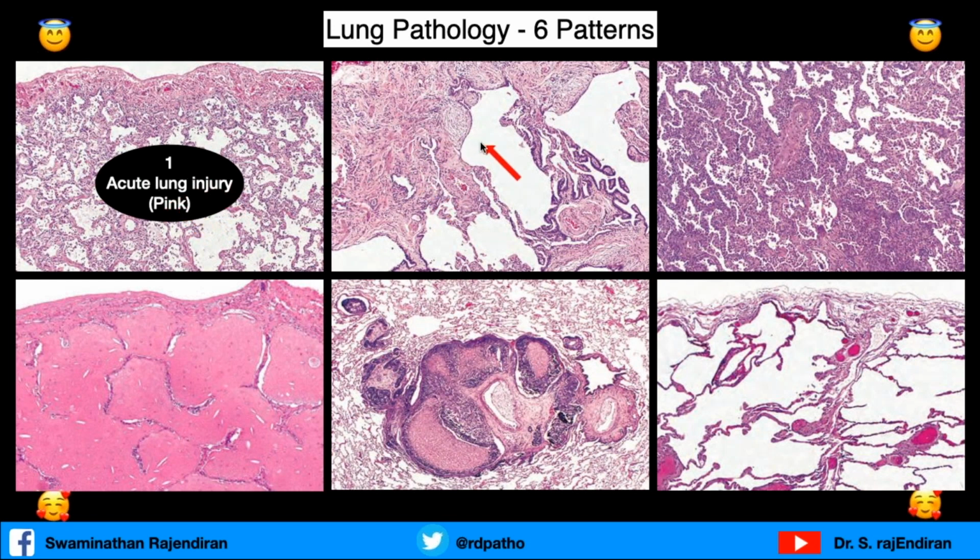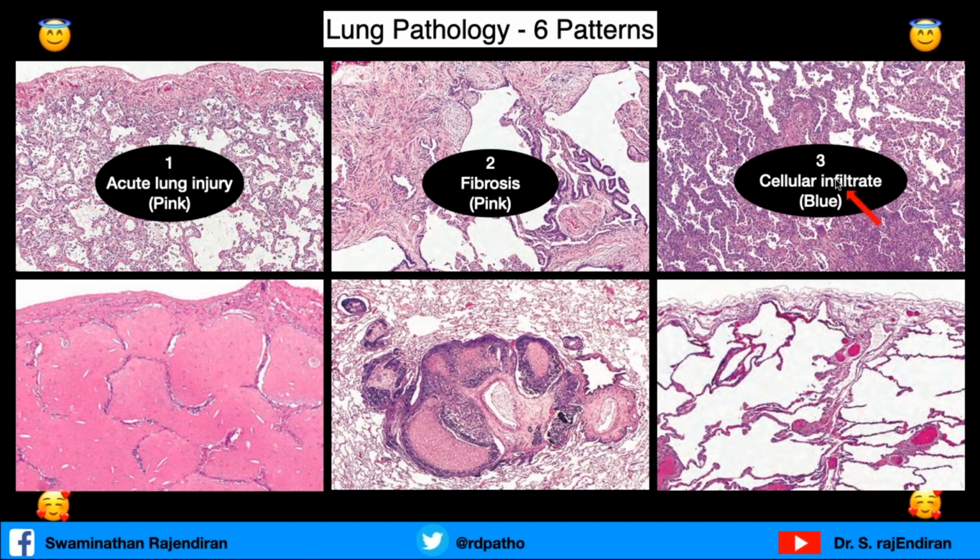The second one is where the alveoli look normal, but there is some bronchial metaplasia, and there is a lot of fibrosis in the interstitium, and this is known as pattern 2 or fibrosis. And here there is a lot of infiltrate in the interstitium predominantly, so this is known as pattern 3 or cellular infiltrate. Here you can see the alveoli are filled with eosinophilic material, so this is known as alveolar filling pattern. And here it is seen like a nodule.